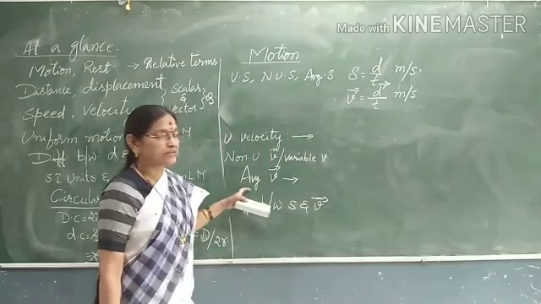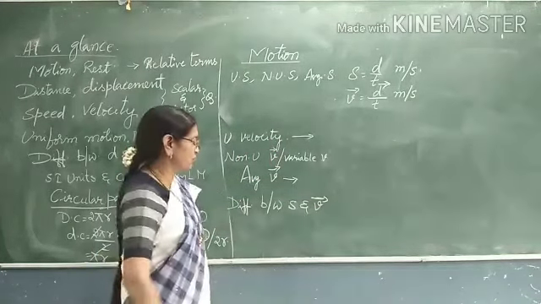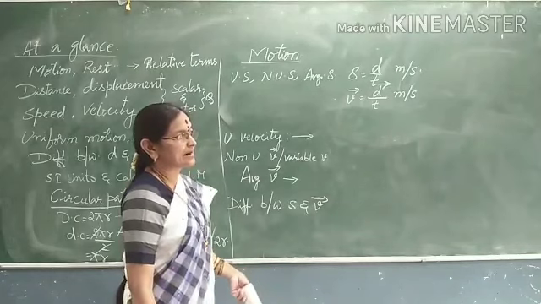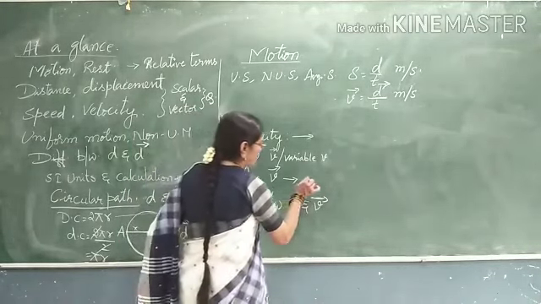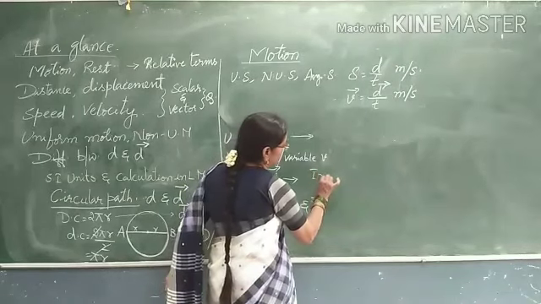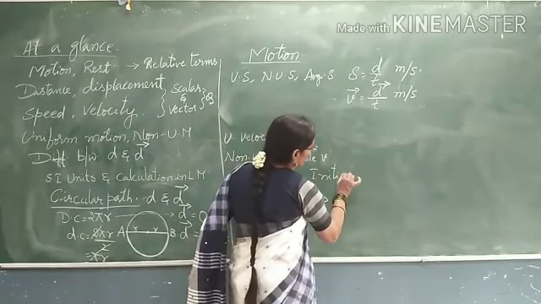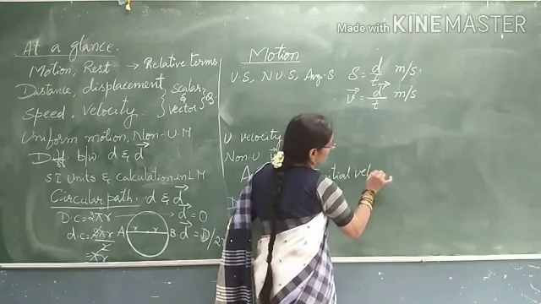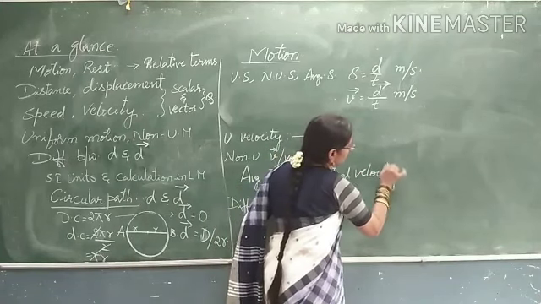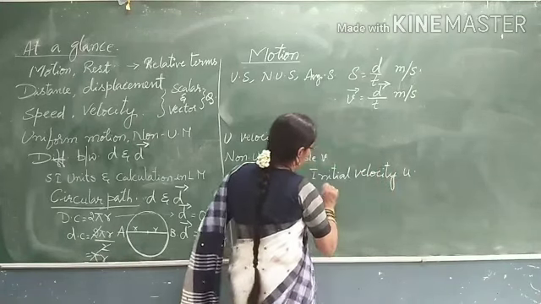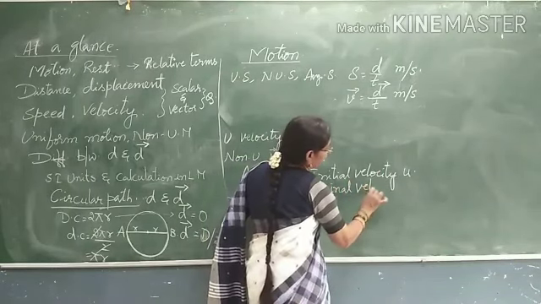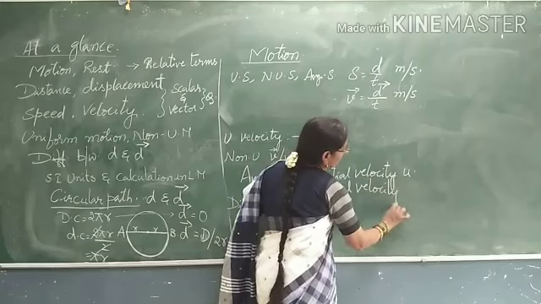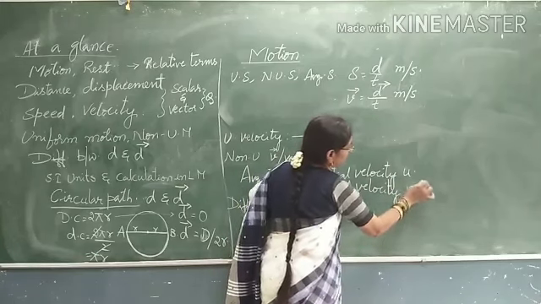Coming to average velocity. When a body is starting, in the initial state, what is its velocity? Suppose the initial velocity, we'll consider with the letter U. Then the final velocity at the end of the journey, what will its velocity be?